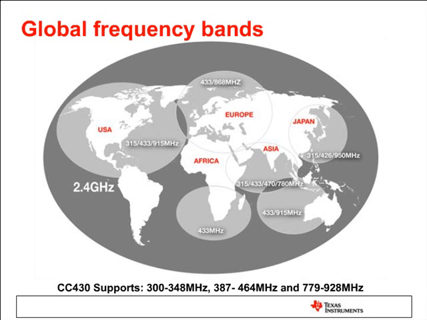So here we have the map of the U.S. It has the 315 and the 433, 915. In Europe, you get the 868 version and the 433. And at the very bottom there, I think, is the key piece of this slide in terms of what the CC430 supports. It's the 300 to 348, 387 to 464, and 779 to 928 megahertz.